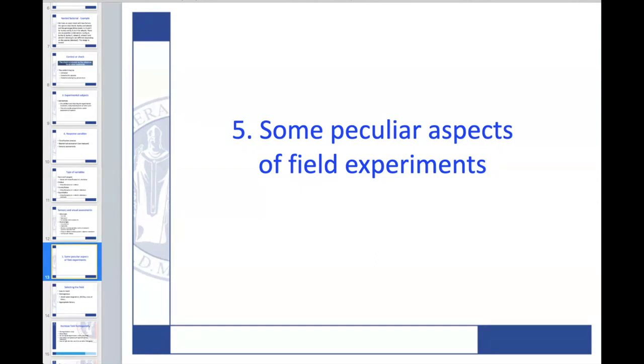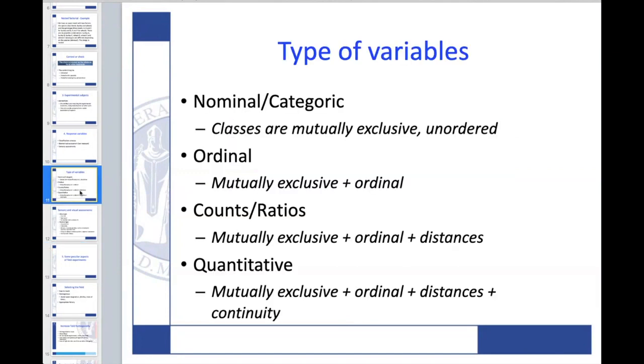All right, so there is one question. I was thinking about the sex of the subject, which kind of variable is it? What is your opinion about the sex? What type of variable is it? Yeah, that's correct.